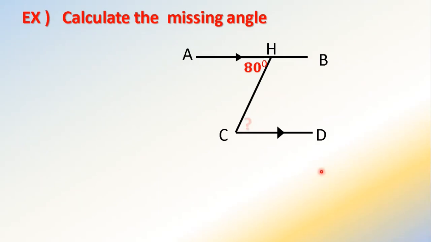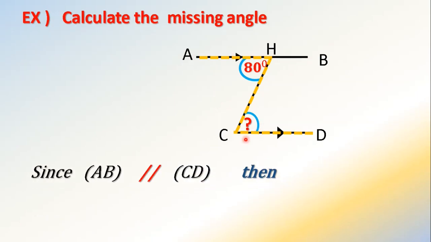In this exercise, we have to calculate the missing angle. How can you find the measure of angle HCD? Since AB and CD are two parallel lines and HC cuts these two parallel lines, we can say that this angle and this angle are alternating angles. Good. And how can you write that?